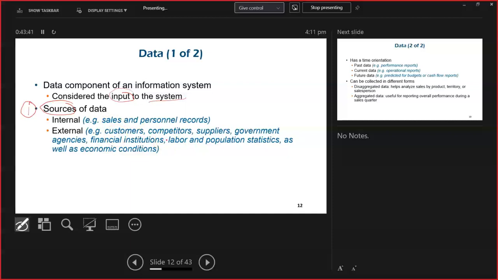Now, don't think this is always a must or always easy. Some companies now include customers as part of their company. If this is the case, their internal data will include customer data, personnel data, sales, and financial data.